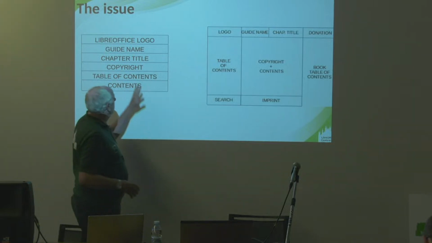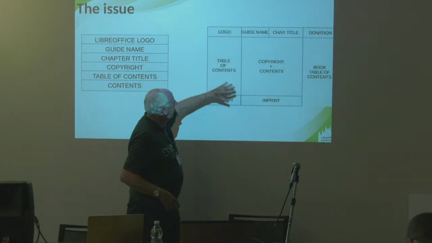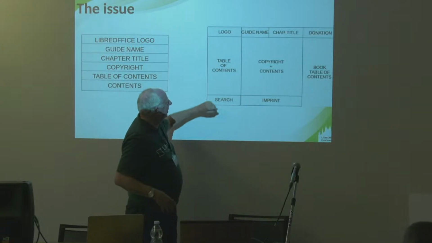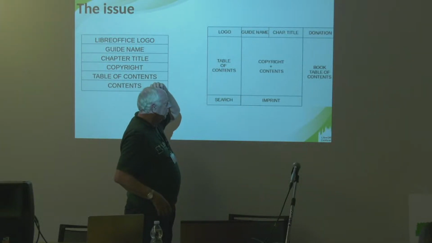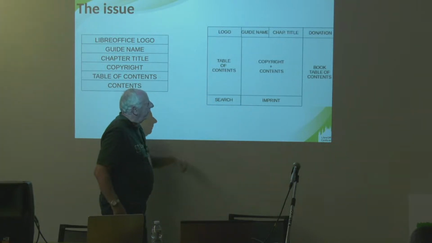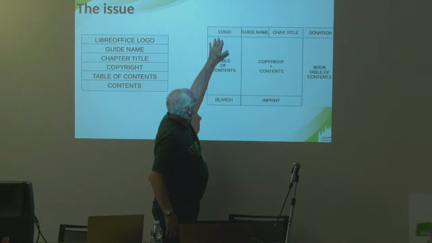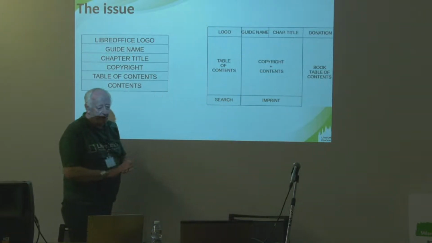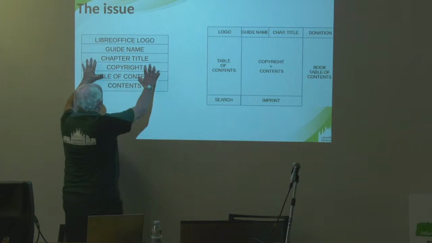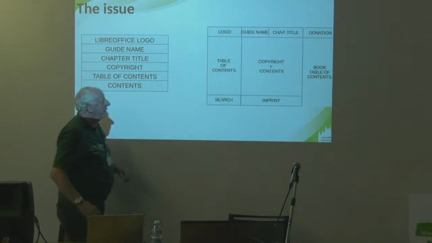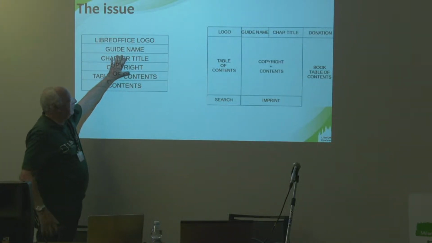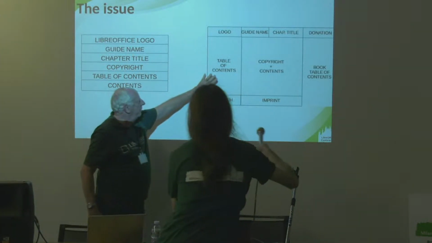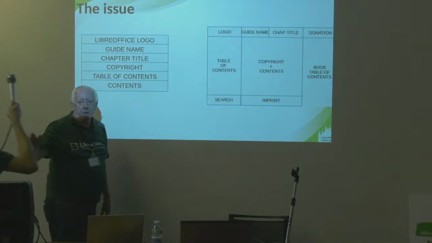So for example, the table of contents goes here, the copyright and the contents go here. We can add a search mechanism to locate strings. We can give some logo, and we have the book table of contents. To change that into that format requires scripts to manage contents here, and then JavaScript to manage the web output.